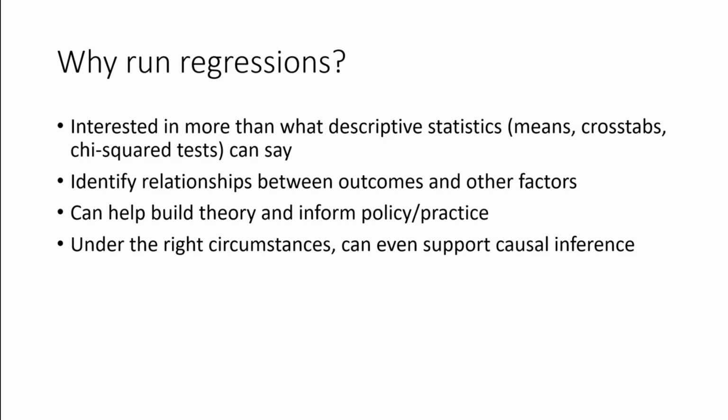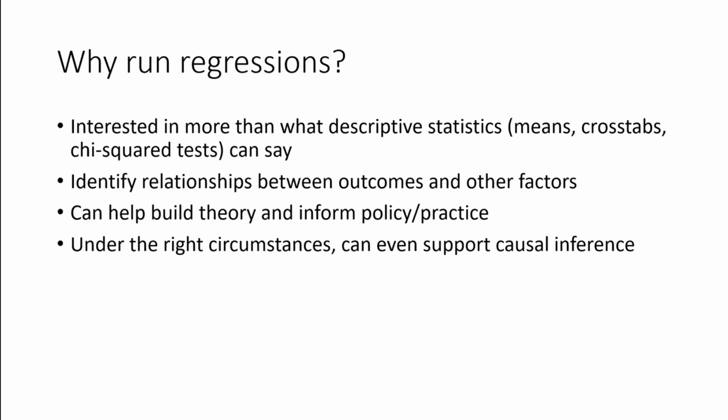And the third point, building theory and forming policy and practice. I assume this is why you're in the program and why you're here today, because you want to do something that makes a difference to somebody. Whether it's of interest to school principals and law enforcement leaders, your goal is to do work that can help inform people, whether it's researchers, practitioners, or policymakers.